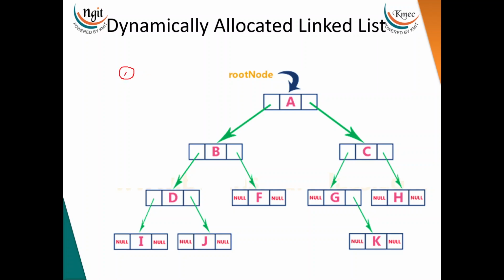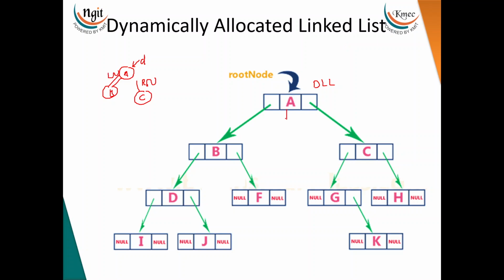For example, if you have A, B, C and assume a binary tree, then this is the data, this is the left child node, and this is the right child node. For this we use a double linked list structure, so we use a dynamically allocated linked list to generate the parse trees.